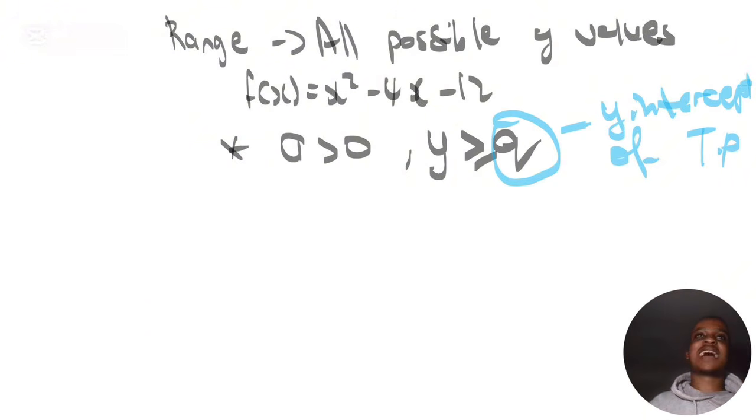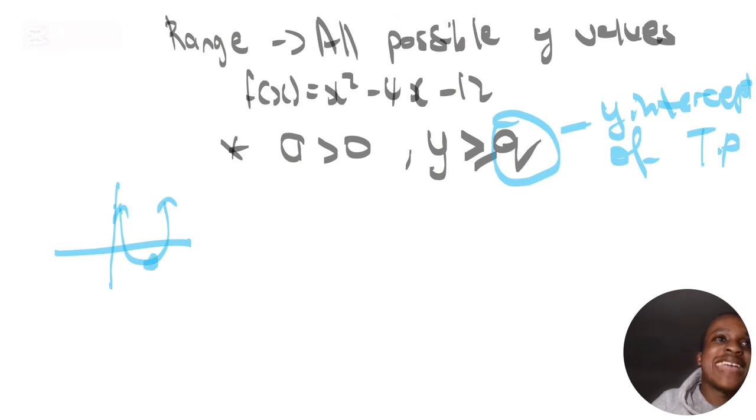It does make sense, because we are simply saying that all the possible y values will start on the y value of the turning point and go upwards. This greater than simply means upwards.